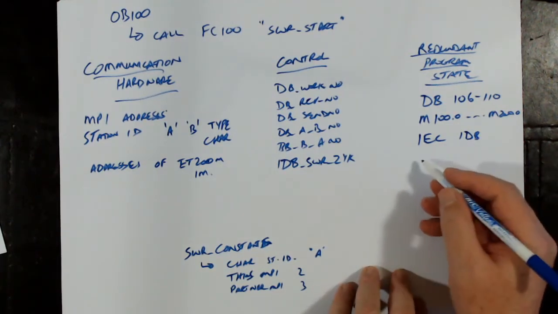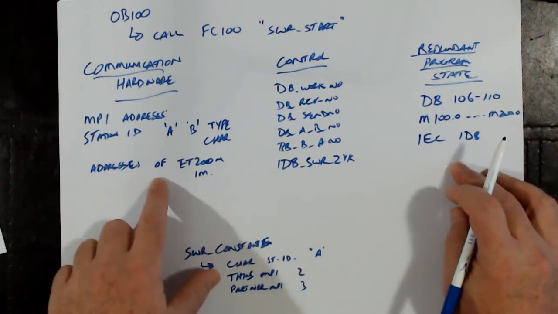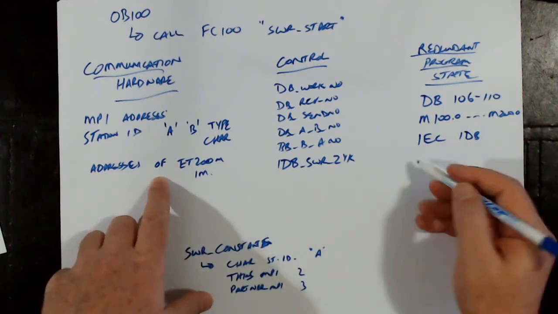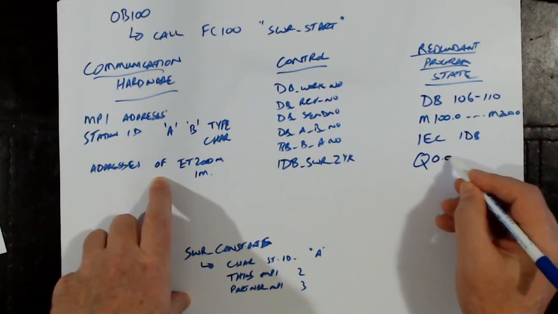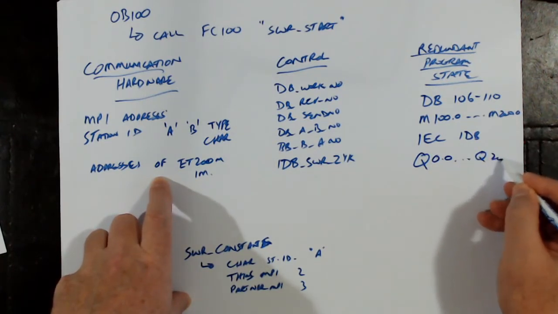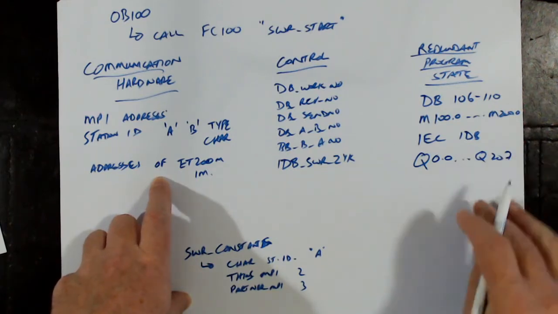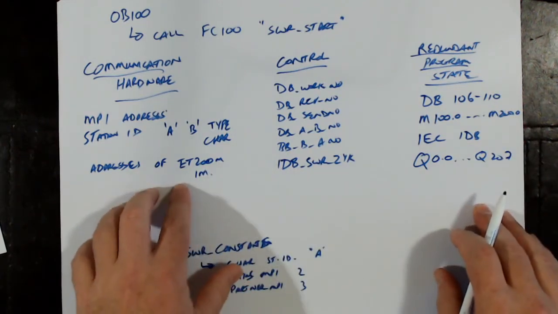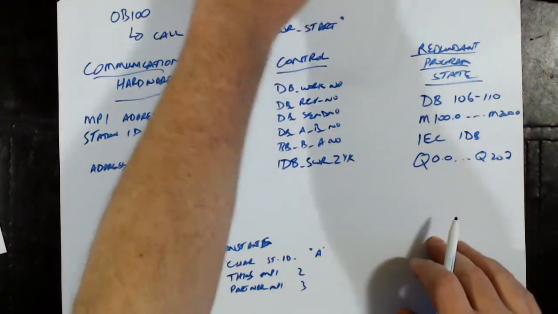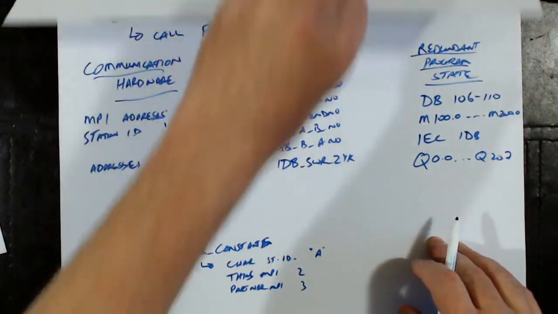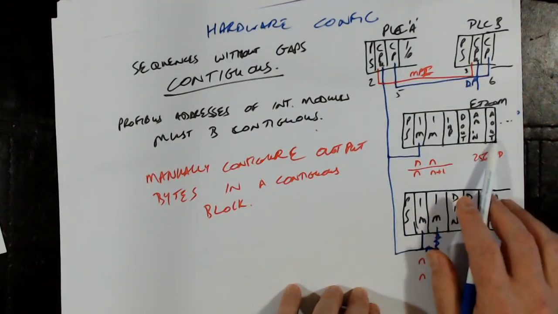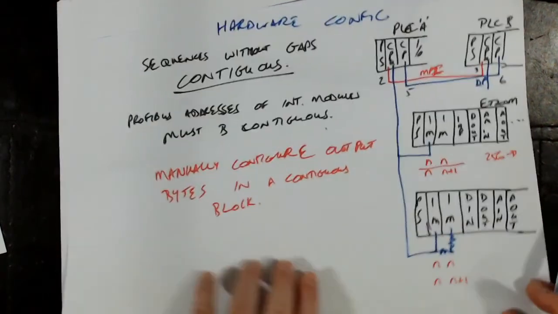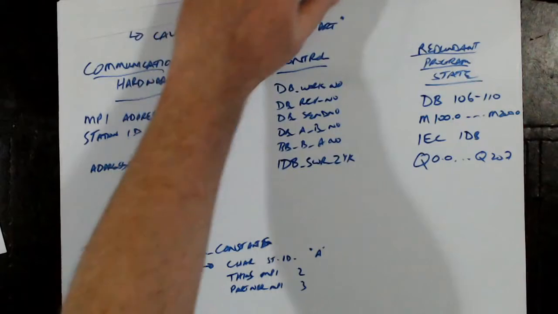On top of this, depending on how you want to define it, we've got all the outputs, so Q0.0 up to Q20.7, depending on how we configured those in our hardware. You recall we had to set up the hardware for all the outputs of the ET200 stations, so we need to know all those as well.